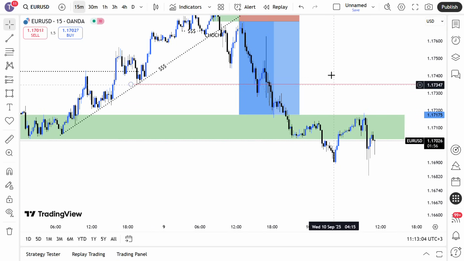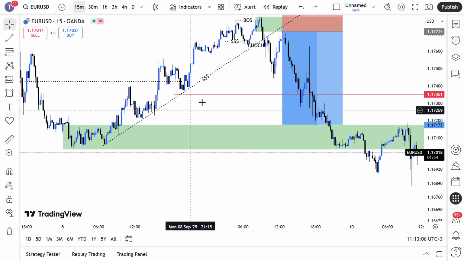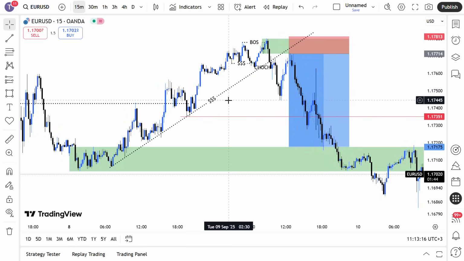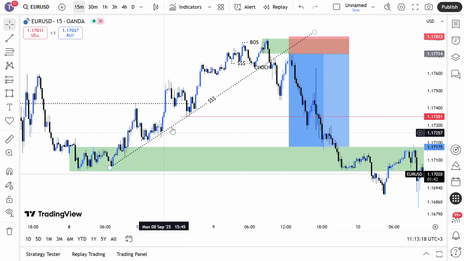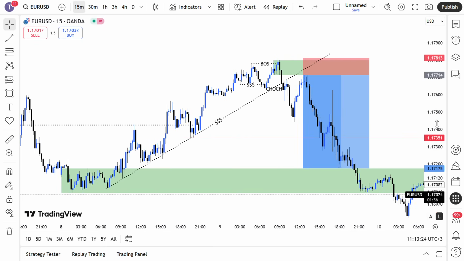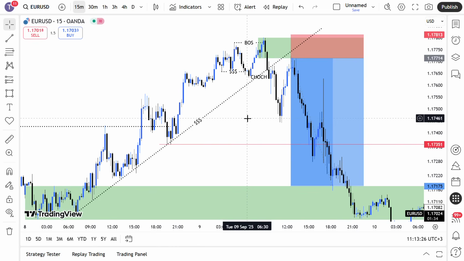Once I saw that there was a liquidity trend, there was a trend line liquidity that was being formed here. I knew if this trend line liquidity was going to be broken, the market will take out all this liquidity below the trend line.